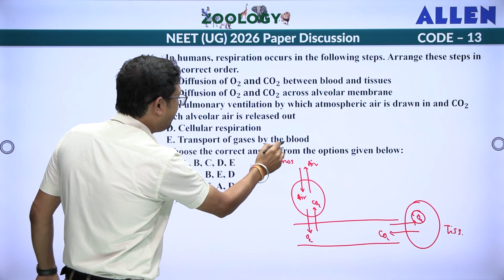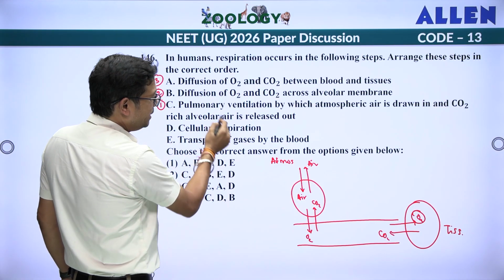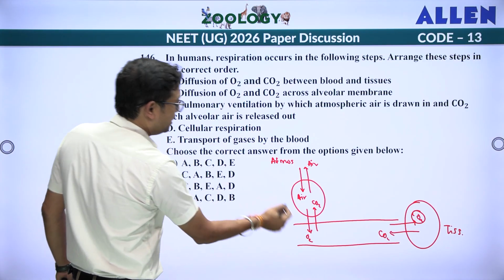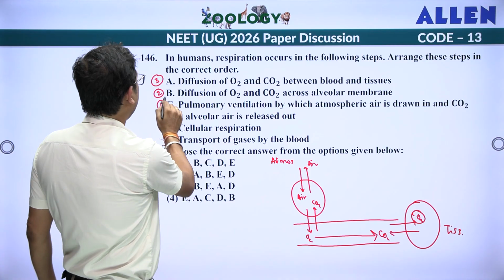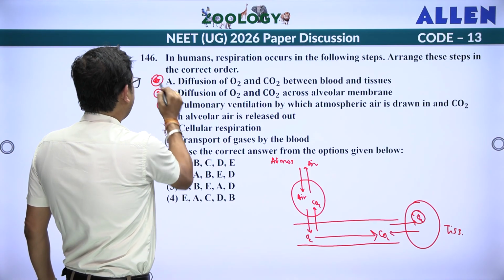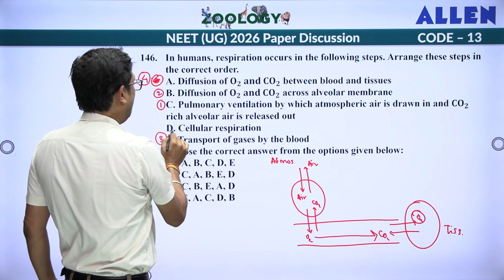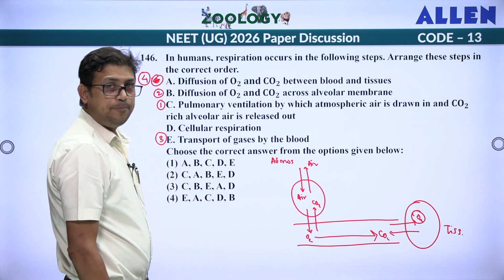Okay, here transport of gas by blood is also given. So after pulmonary ventilation, what happened? External respiration. After external respiration, the oxygen will be transported. So transportation will be coming. So this should be the third one. And this should be the fourth one. And then finally the oxygen will be used to oxidize the glucose.